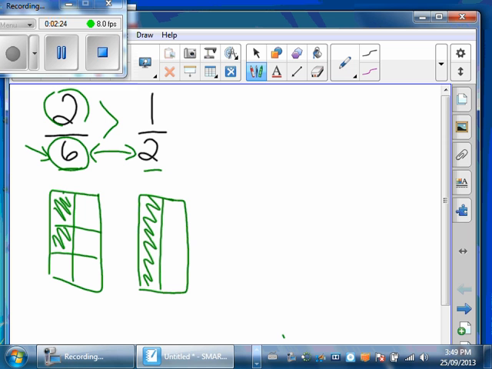So we have to have the two objects cut into the exact same amount of parts. This is what we call finding like denominators. So we have to find common denominators in order to compare two fractions.